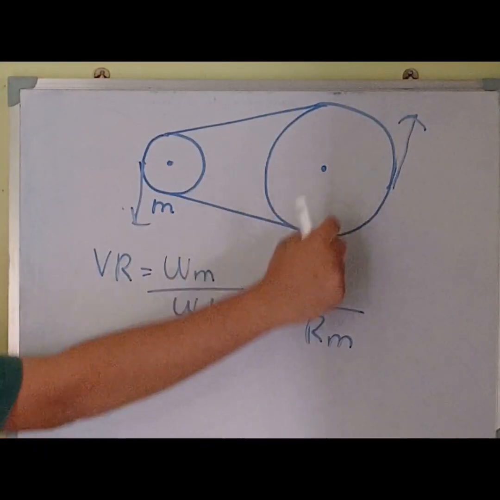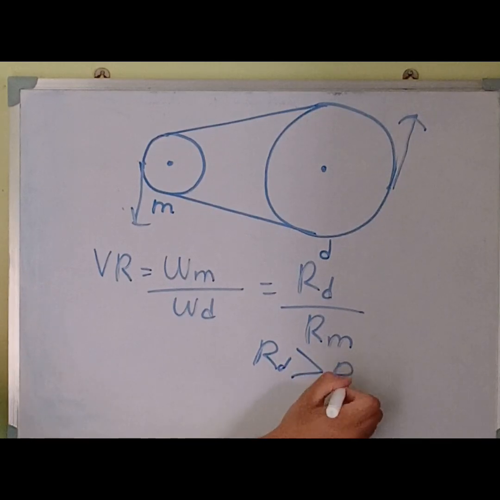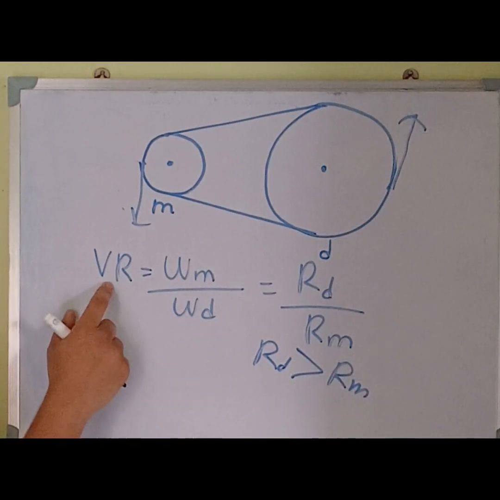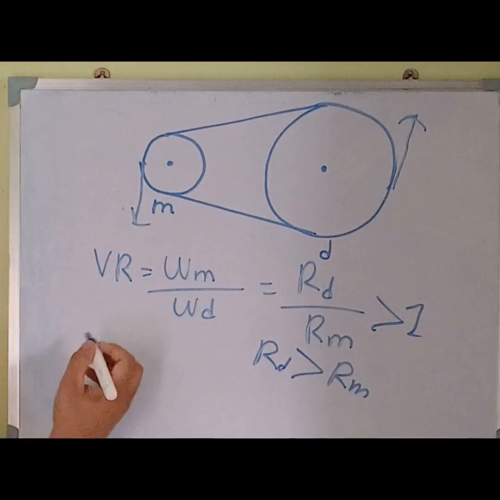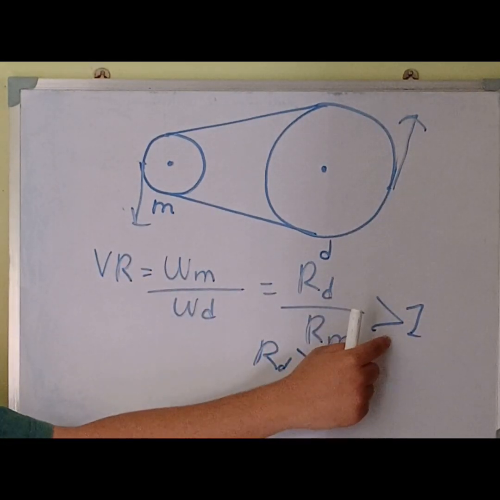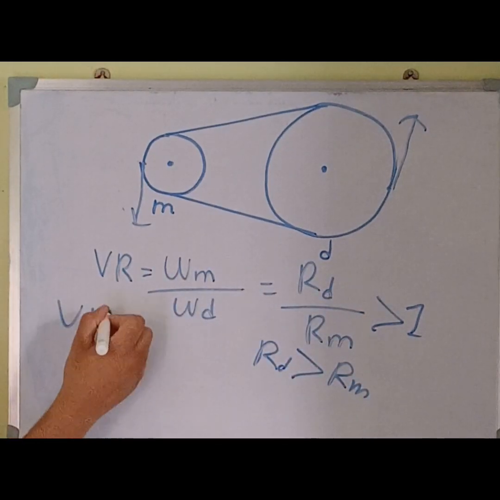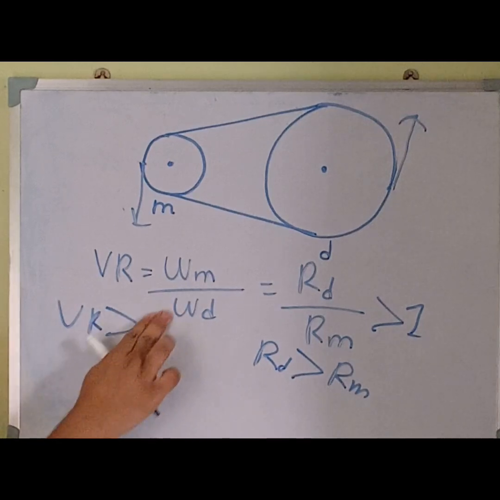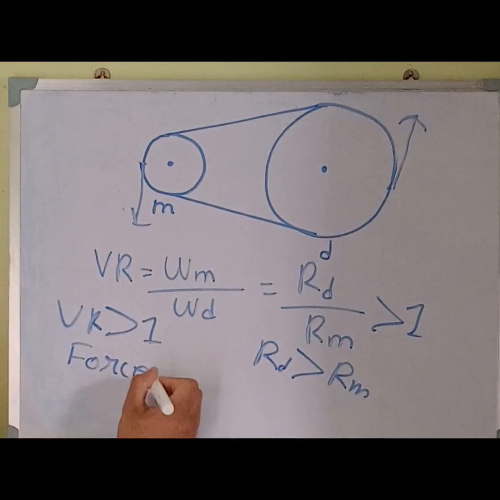Now the driving wheel has a bigger radius and the motor wheel has a smaller radius. Therefore, the ratio Rd by Rm is greater than 1. That means omega m by omega d, the velocity ratio of the system, is greater than 1. And as I mentioned before, if the velocity ratio is greater than 1, the system is a force multiplier.